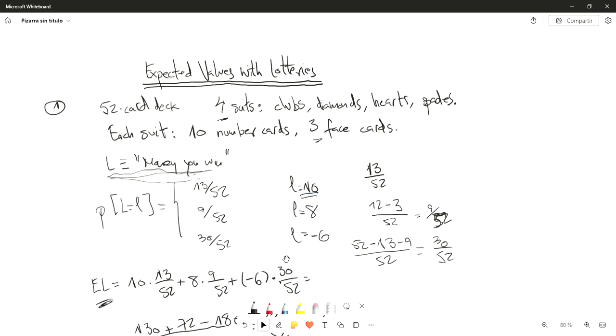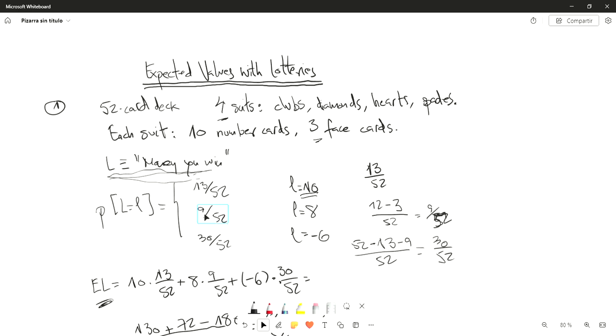Now, the last option will be if you pick another card, and the leftover of cards would be 52 minus 13, which are the cards you picked in the very first case. These were the hearts.